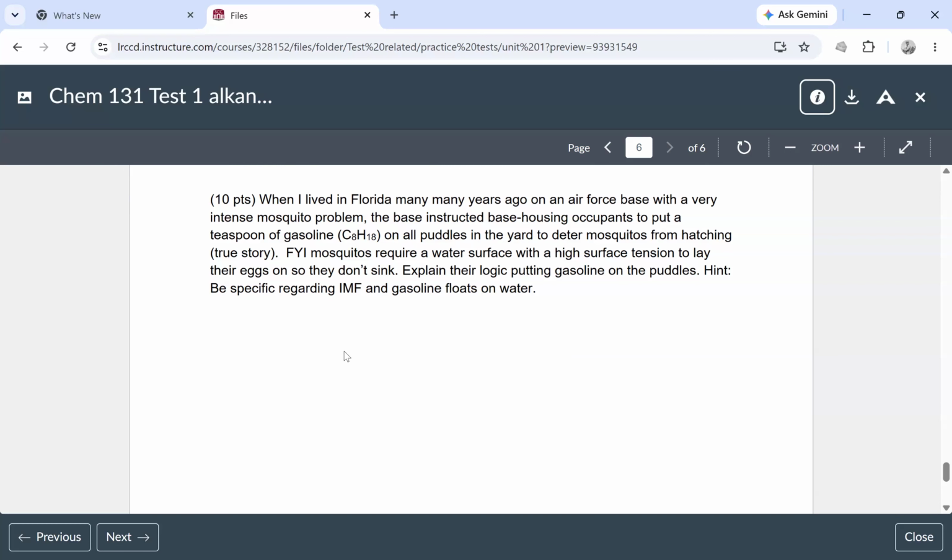What that would do, mosquitoes could not lay their eggs on water with gasoline on it because gasoline would float and they couldn't land on it. They would sink. And gasoline floats on water because it's a hydrocarbon and its density is less than 1, so it floats on the water. And it's also extremely bad for the environment, but that's the way the Air Force did things. They still do it that way. Anyway, this is a true problem.